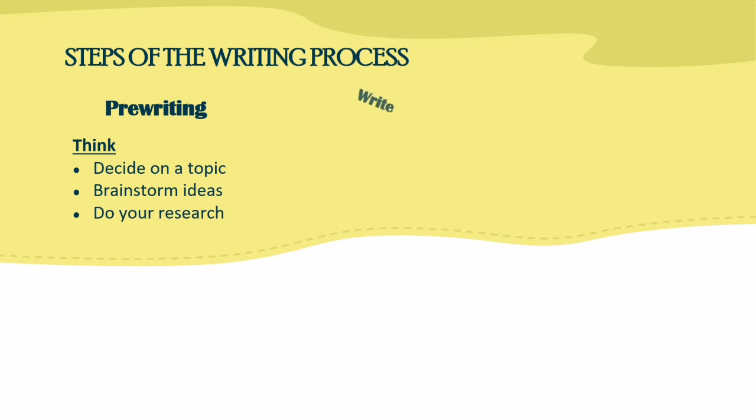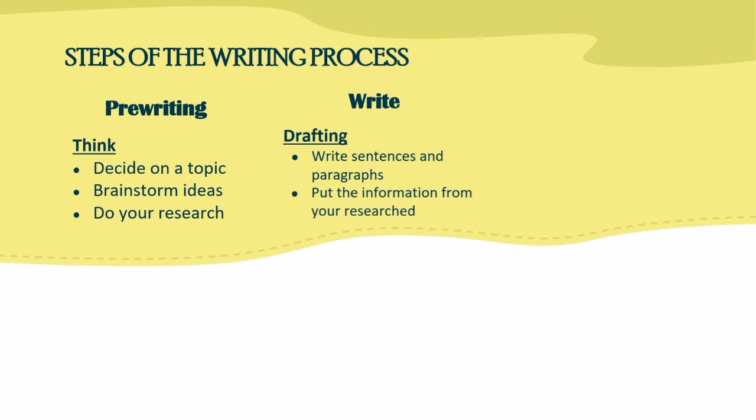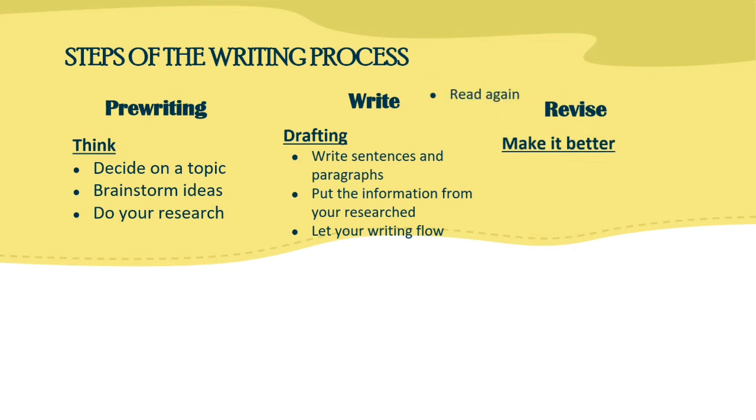The next step is write. In this step, we start writing, make a draft, write sentences and paragraphs, put in the information from your research, and let your writing flow. And then revise.